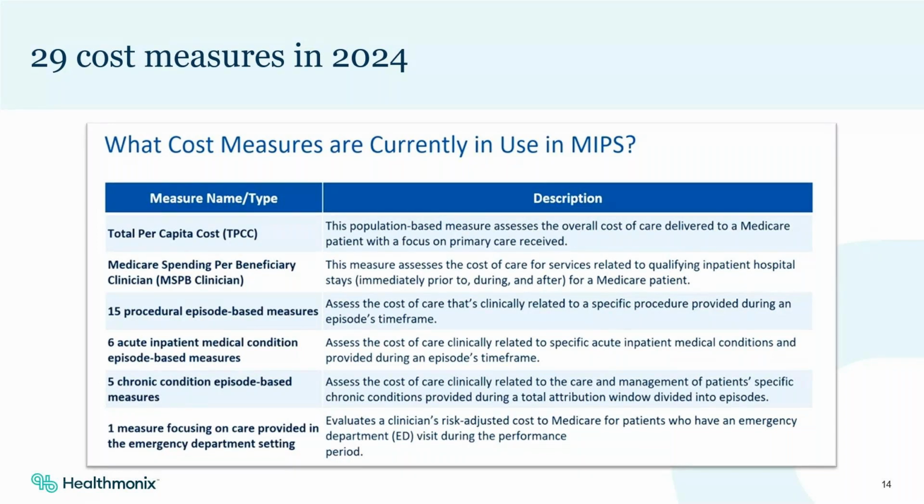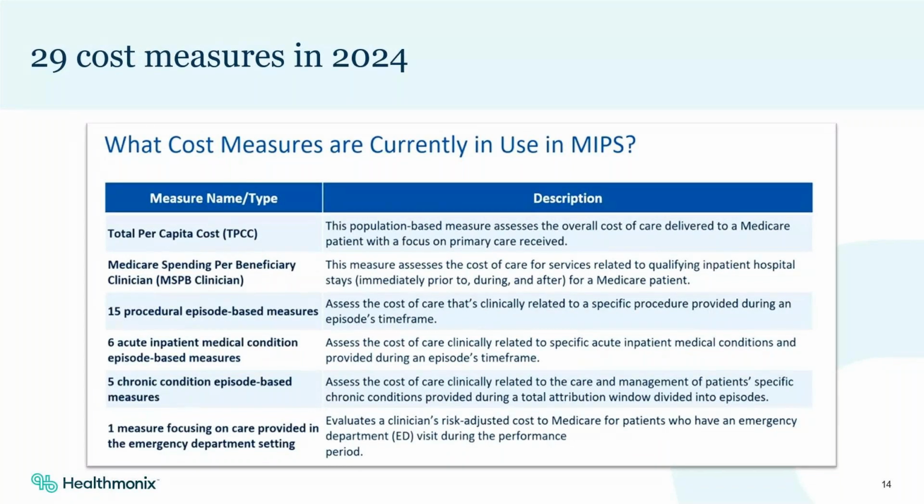This measure has been updated to reflect some changing relationships between a patient and a provider. So it used to be that if you saw a patient during a year, you would be attributed that patient for the entire year. And now you'll be attributed for basically 12 months, but they don't have to be the exact 12 months of a calendar year.